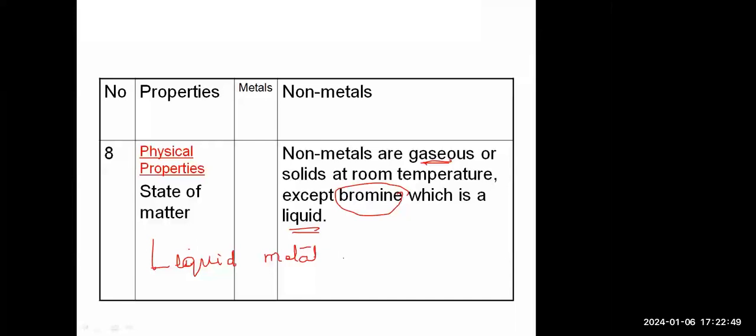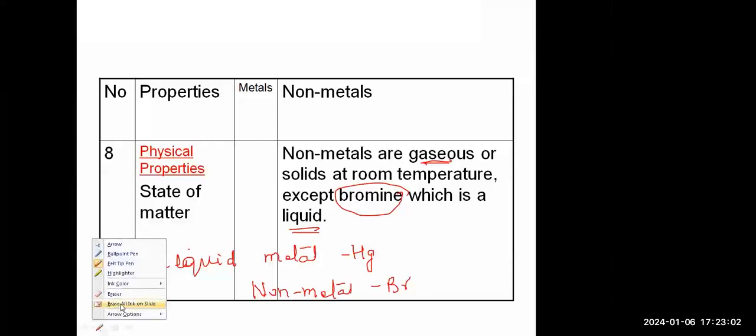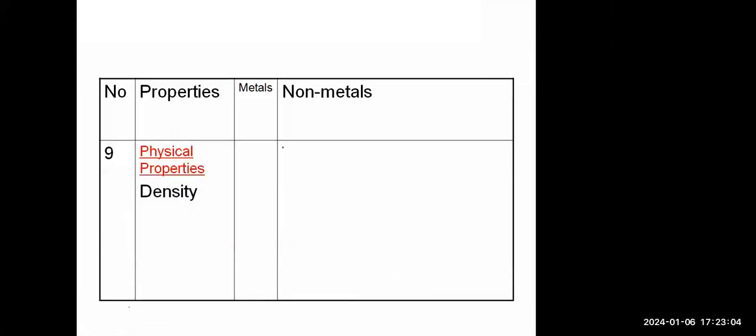The liquid metal is mercury, hydrargyrum, and the liquid non-metal is bromine. It can be a 1 mark question or MCQ, something like that. They have low densities. So these are the 9 physical properties of metals and non-metals.